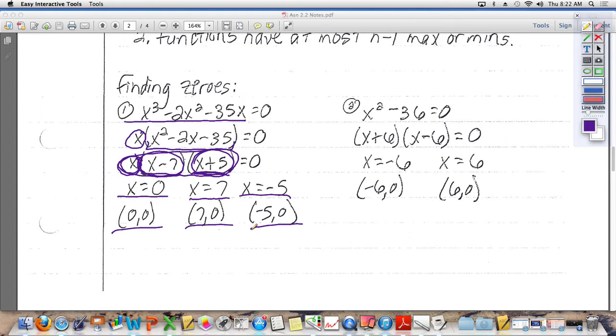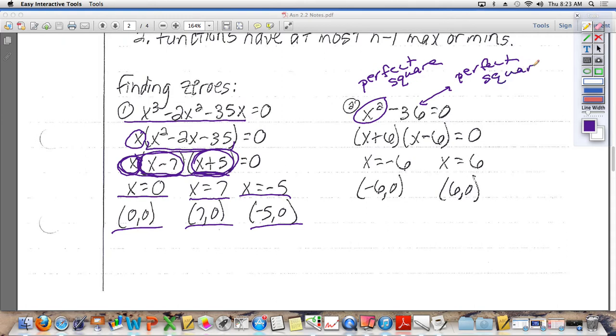X squared minus 36. First of all, a couple things about this. You guys are honors level pre-calc students. You should be able to look at this and tell me right away what it is. And if you aren't there yet, you need to get there. X squared minus 36. First of all, x squared is a perfect square. All right, so is 36. 36 is also a perfect square.